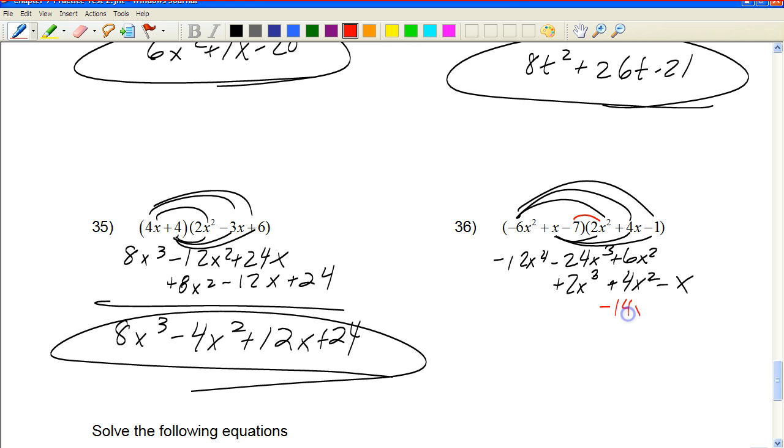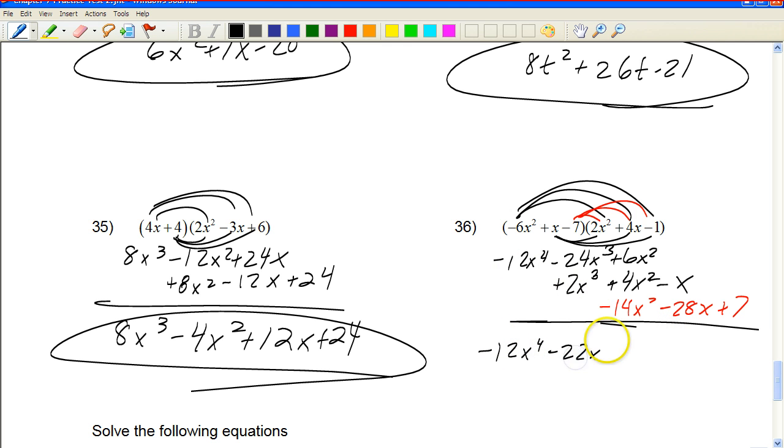Negative 14x squared, negative 28x plus 7. And then we're going to add straight down negative 12x to the 4th, minus 22x to the 3rd, minus 4x squared, minus 29x plus 7.